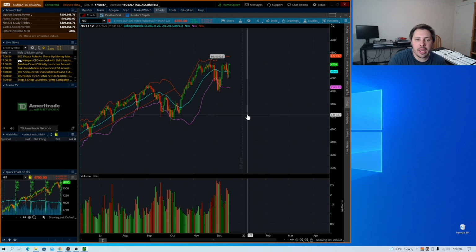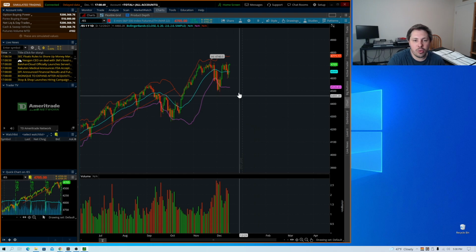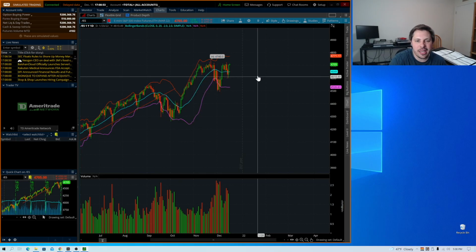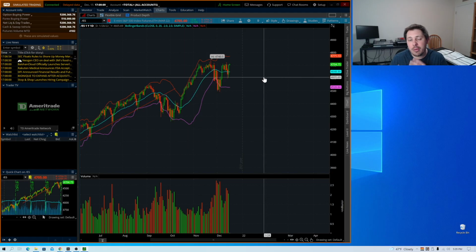So the way that we use these volatility indicators can be to identify trends, to identify areas where we can buy, where we can identify where reversion to the mean can probably happen, right?